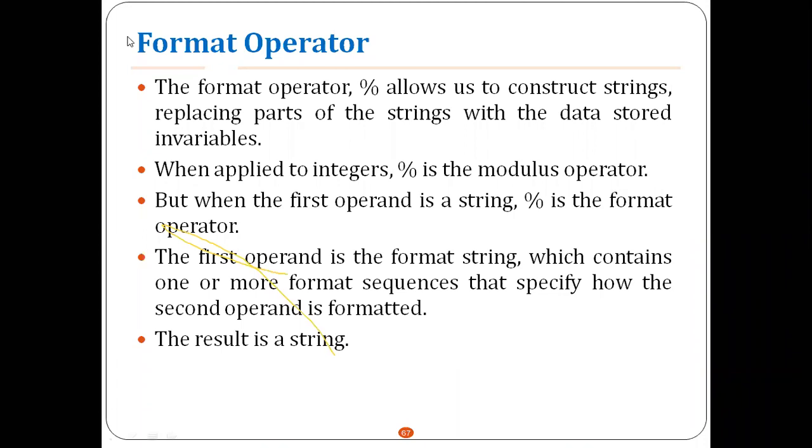But when the first operand is a string, percent is the format operator. If the first operand itself is a string, then obviously you are applying the format operator. The first operand is a format string which contains one or more format sequences that specify how the second operand is formatted. The result is also a string.